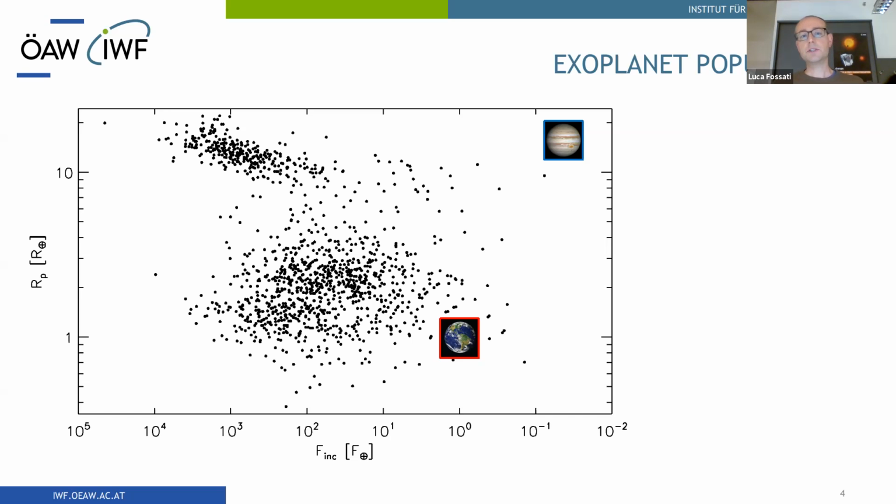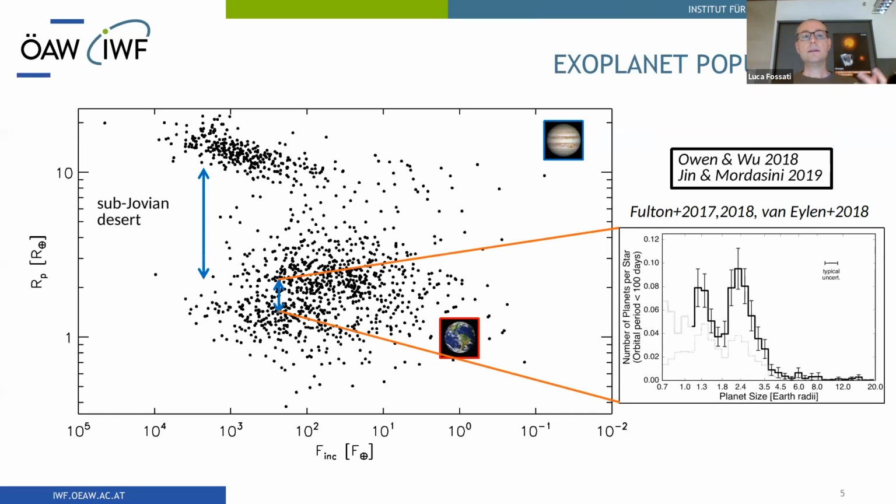There are various features in this plot, and there are two in particular that are believed to be caused by atmospheric escape. And the first one is the sub-Jovian desert, which is up here, this sort of triangle that has a lack of planets. And this is believed to be caused by a combination of planet migration and atmospheric escape.